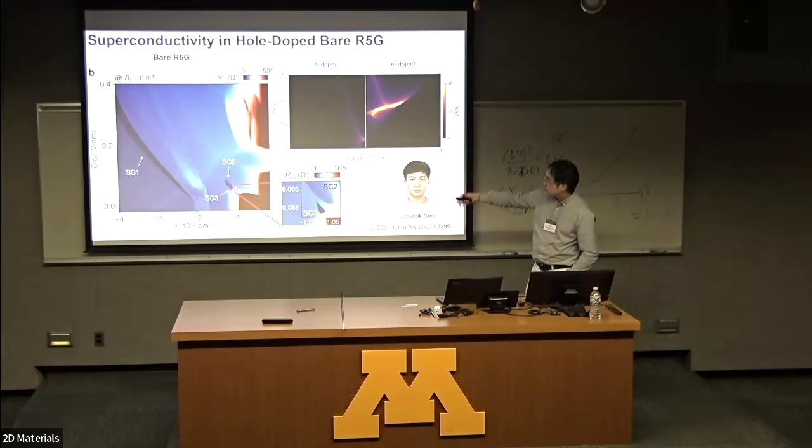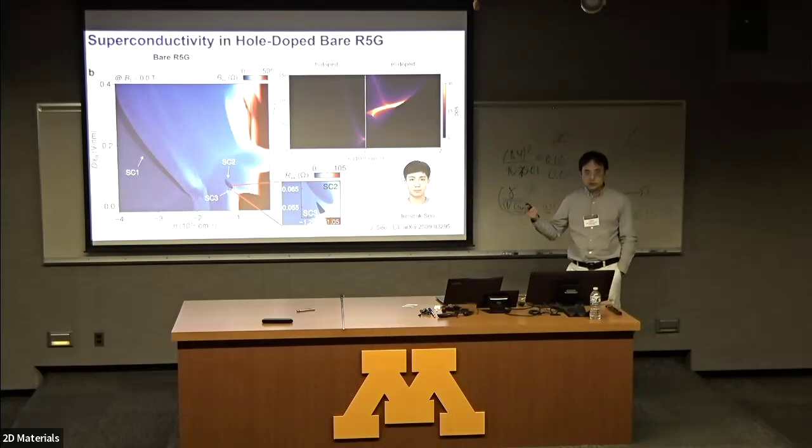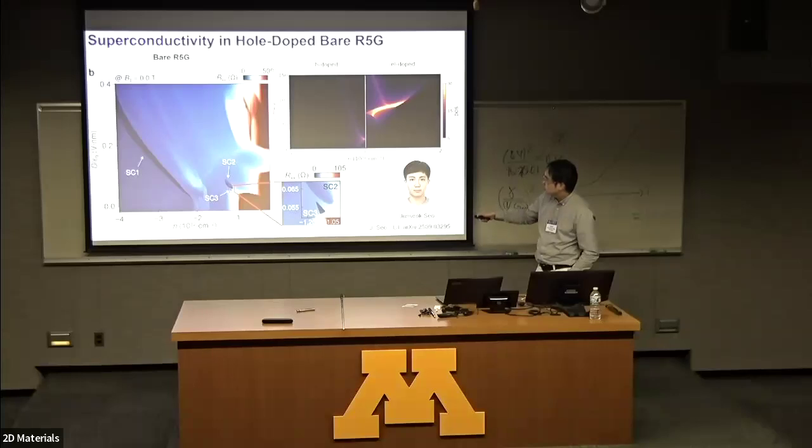This is a big SC1 that we think is really similar to the SC1 Andrea discovered in trilayer graphene. And there are a couple of other superconducting states in this corner. In fact, you can see an oval here that is what we call SC2. And again, there's a little single-pixel-sized thing that you can easily miss. But if you expand it, you can tell there are two different states.